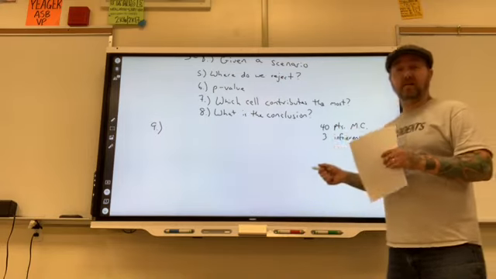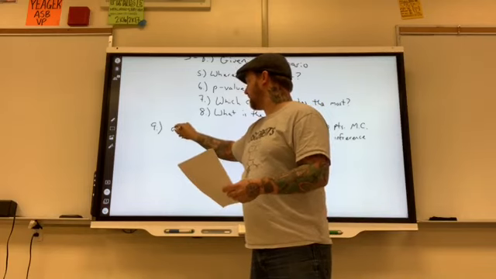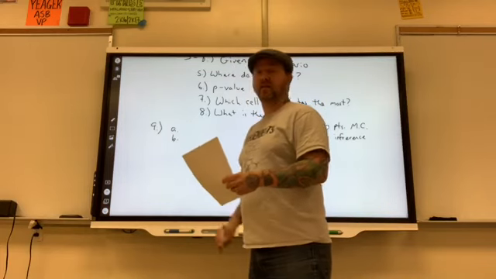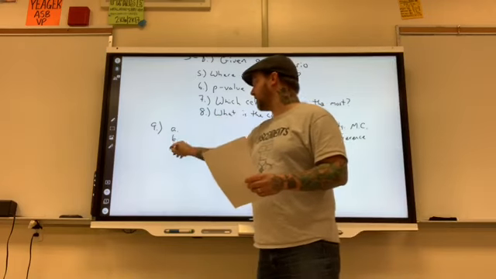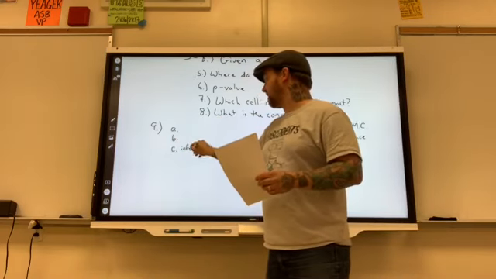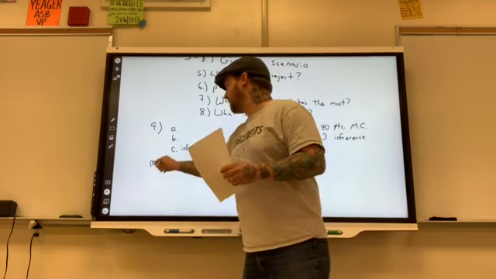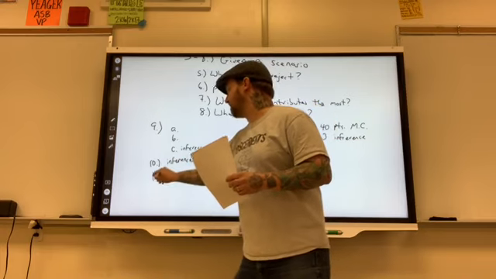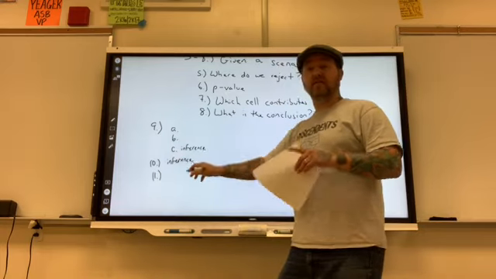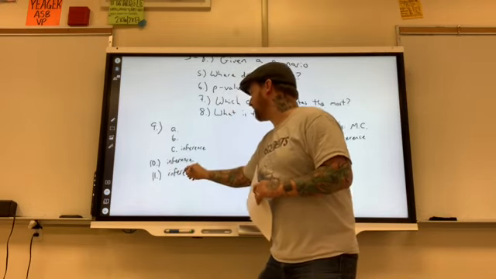So that's 88 points total. So 9A and B is going to be worth 12 points. 9C is inference. Guess what? Good. Inference is right.